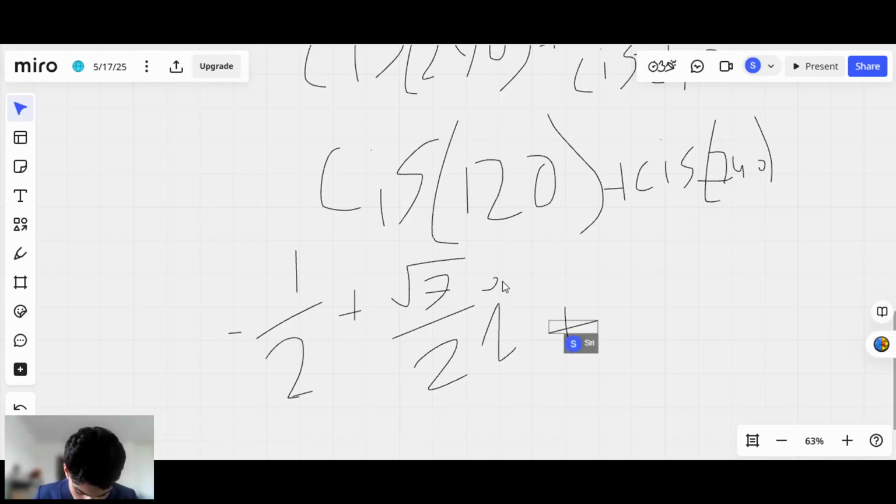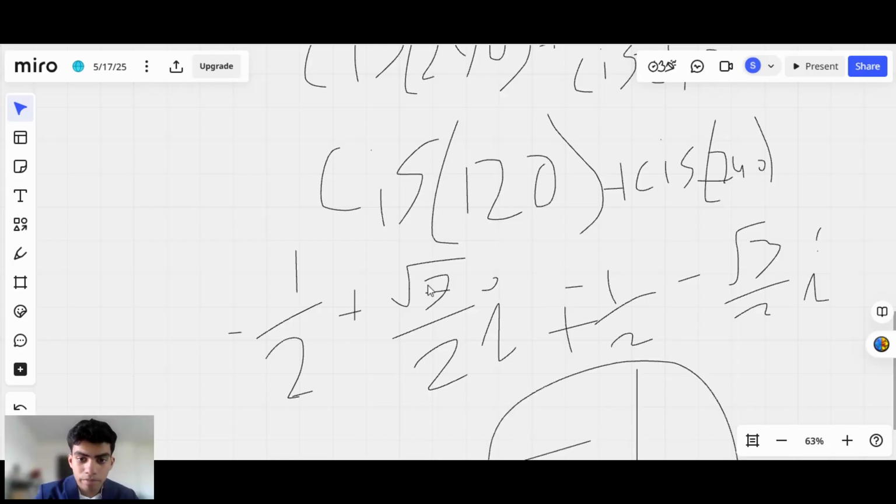And then plus cis of 240, which is going to be the conjugate of cis of 120, which means that that's going to be negative 1/2 minus square root of 3 over 2 i. Add these two together, and your answer will be negative 1.